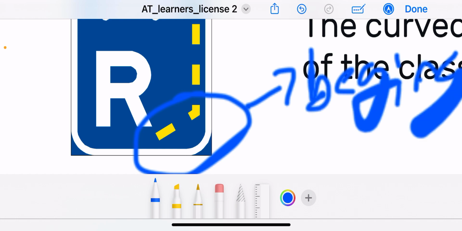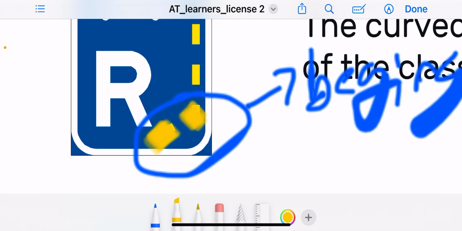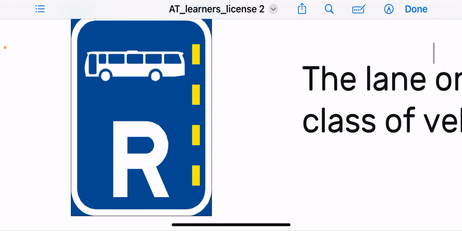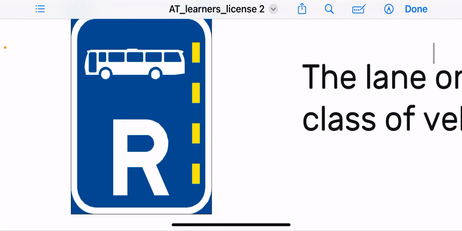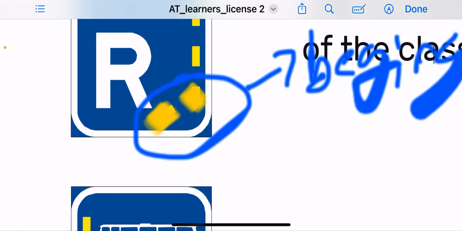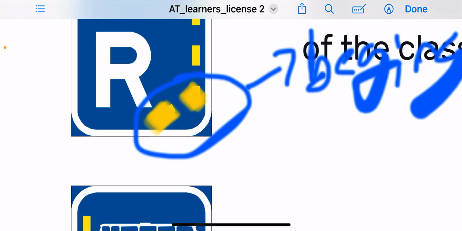You see? It begins there. So it's not the same as this one. Here, you are already in the lane. Here, they are warning you, or they are informing you. Yeah, informing is the right word.